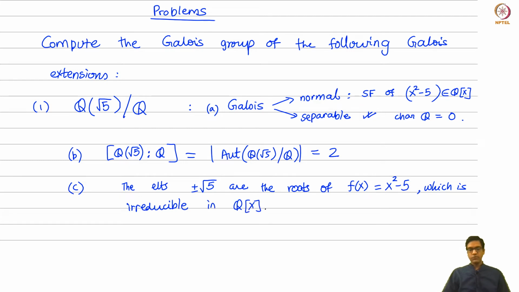And as you have seen earlier, if you are given an irreducible polynomial and you have an extension generated by all its roots, then there always exists an automorphism which sends any given root to any other root of this polynomial.